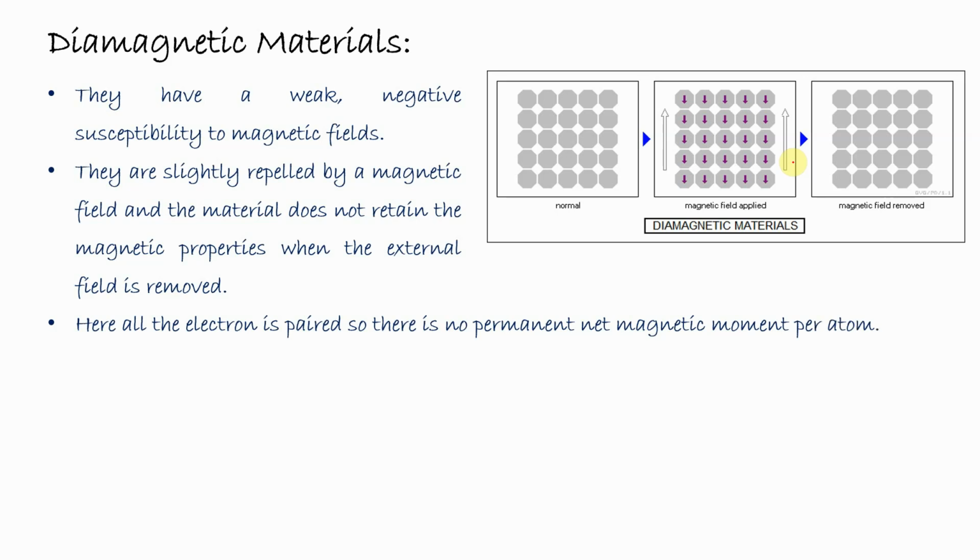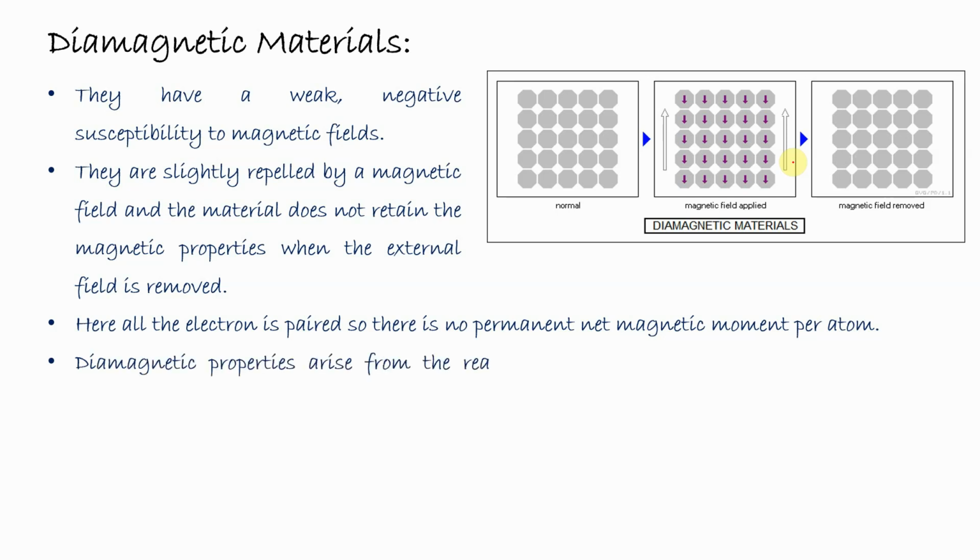In diamagnetic materials, the electrons in the atoms are always in pairs, so the net magnetic moment per atom is always zero. But if we apply an external magnetic field, then it will behave like a magnet for the time being. Once the external magnetic field is withdrawn, the material returns to its initial position again.